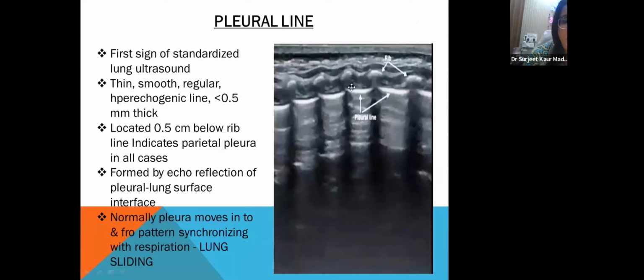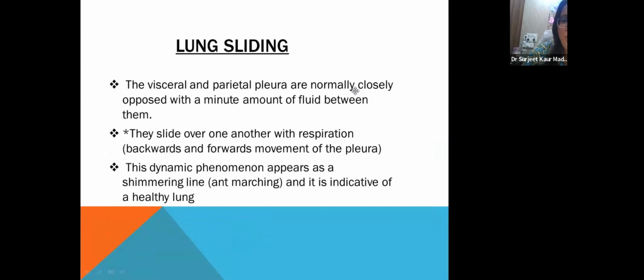How is it formed? This is an echo-reflection of the pleural lung surface interfaces. And this pleura moves with the respiration. This movement is called lung sliding. Lung sliding has to be present in a normal lung. The visceral and the parietal pleura are normally closely opposed, and there is very minimal fluid in between them.